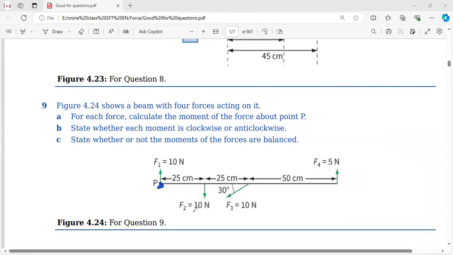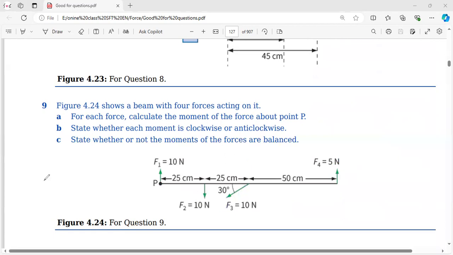Now you can see this 10 newtons is clockwise, this is anti-clockwise, this is not considered because it is going through the pivot point. What about this F3 10 newtons? What is the line of action of the force? Now, obviously, it is also supporting the clockwise direction, right? These two are clockwise direction, this is anti-clockwise direction.